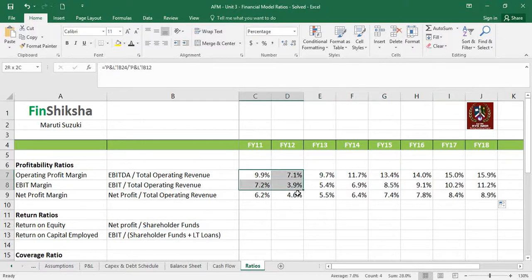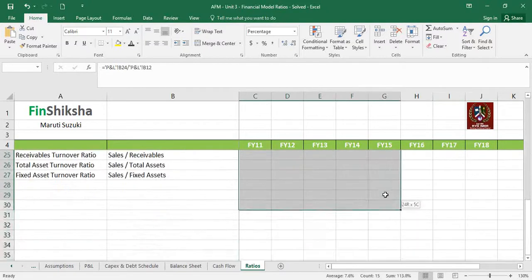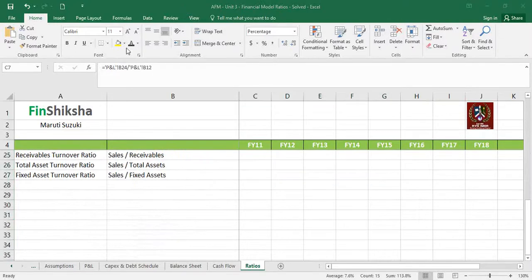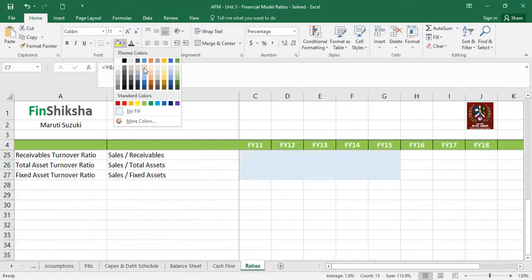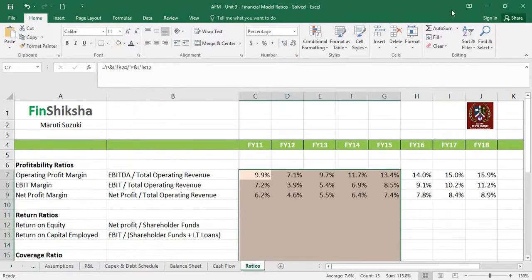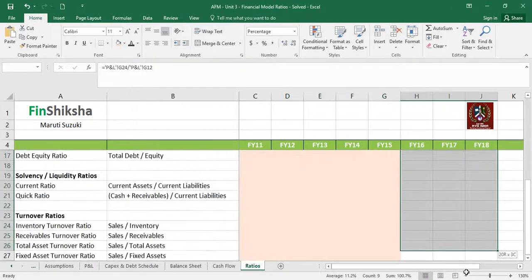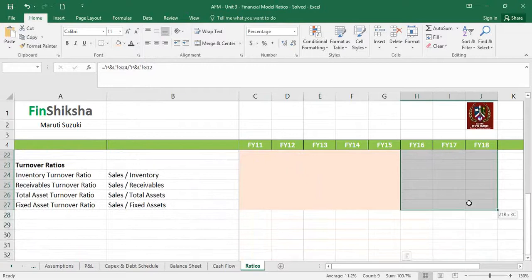So as a good practice, what might be done is we can try and shade the numbers which are essentially historical and shade the numbers which are projections separately. So historical numbers, let's shade them in this color, and future numbers, let's shade them separately in maybe another color.